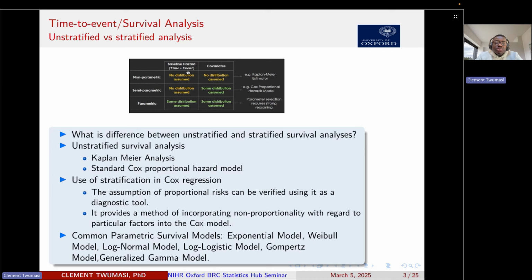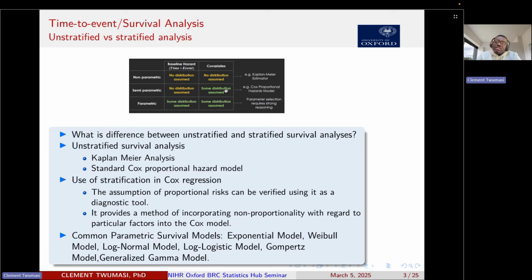But these two are known as unstratified models. There's one particular assumption about the Cox proportional model. First of all, we assume that the baseline hazard rate should be constant, or should remain the same for each individual.